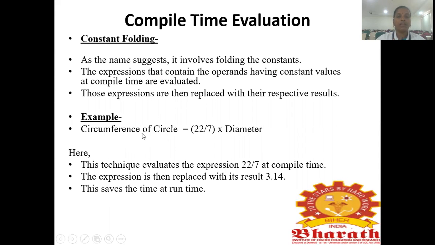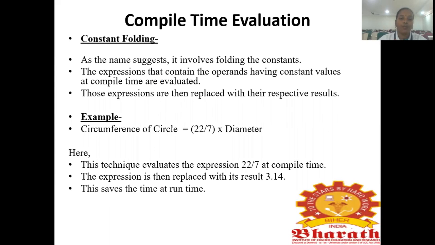For example, I solve the circumference of a circle: 22 divided by 7 into diameter. I need the pi value. This technique evaluates the expression 22 by 7 at compile time. So I need the pi value, that is pi times diameter. The pi value is 3.14, and this 3.14 is stored in constant folding.